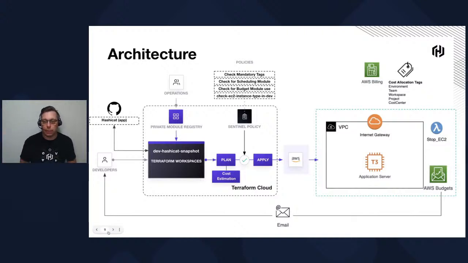They stand it up in that VPC. The stop EC2 Lambda function runs on whatever the period that is, whether that's once a day, once a week, once an hour, and shuts that instance down. Now you have a proactive way to actually monitor those costs as they are being built within your environment.